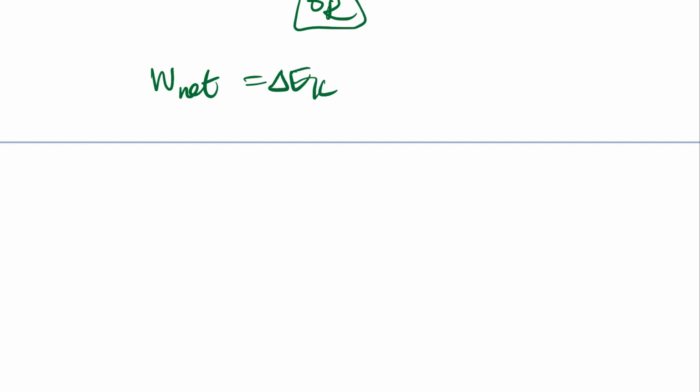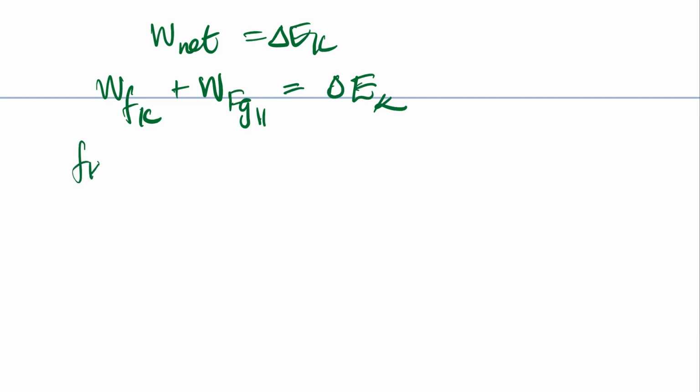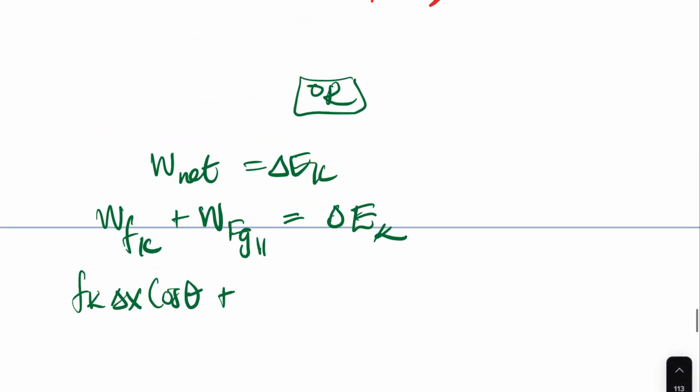Let's look at it another way, using another pen. What if we use the same work done, but instead of changing the work done by gravitational force, we keep it and see what's going to happen. Right now it's going to be the work done by friction, change in x cos theta, plus the work by gravity. Let's look at that triangle.